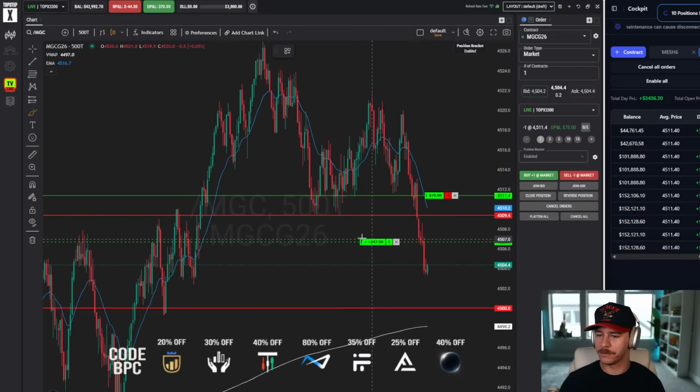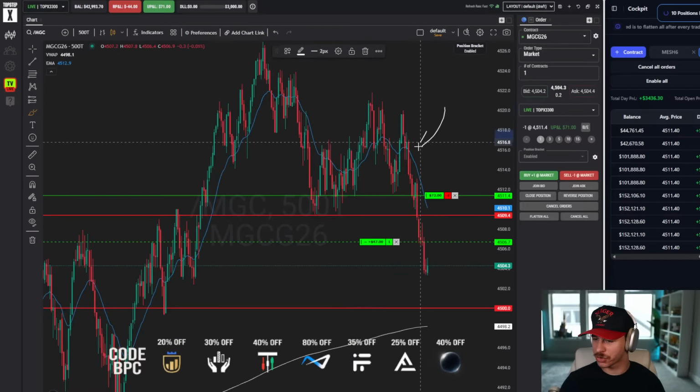But yeah, you've got gold kind of extended to the upside intraday. This structure is starting to weaken here. You get a strong one-sided order flow to the downside, just sellers here. And then not a great reaction off the low.